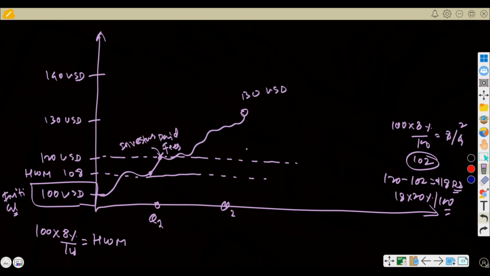Again, if 8% was the high water mark, then you need to calculate the high water mark on 120 for the next quarter. Why? Because we have already paid fees until 120. So you need to calculate the 8% high water mark on 120.